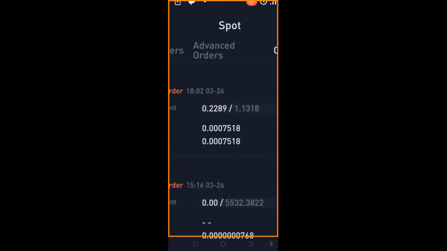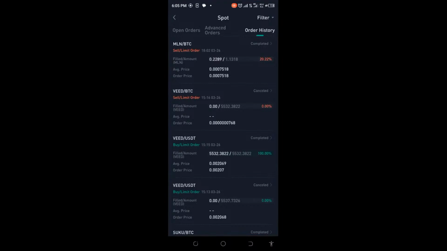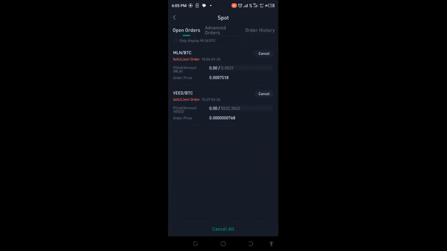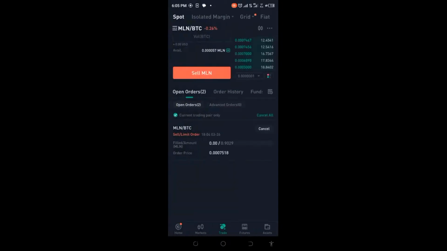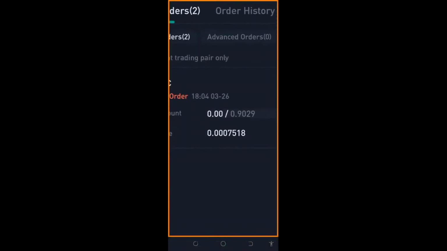We had 0.2289 that we got out of this particular amount. So that's why what we were left with was 0.9. Let's go back and see the open orders. Okay, so here we are, currently in the queue and trying to see whether we can get this sold.